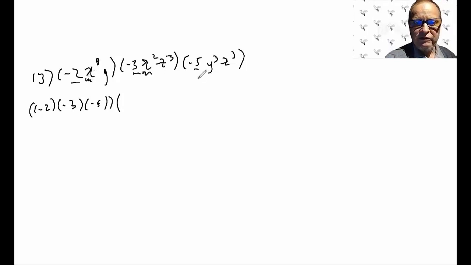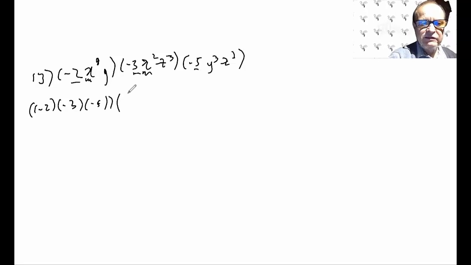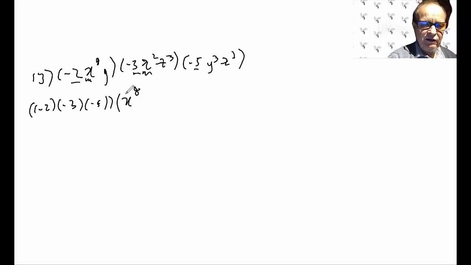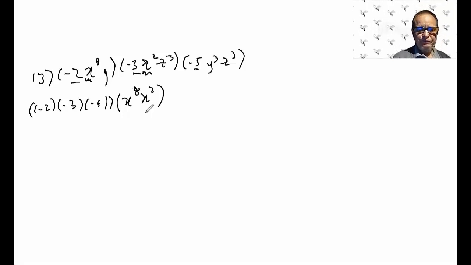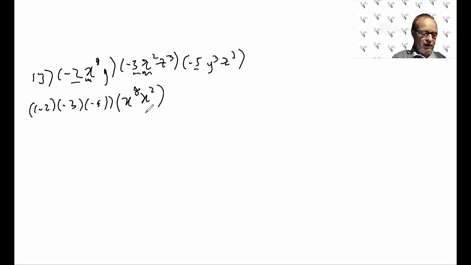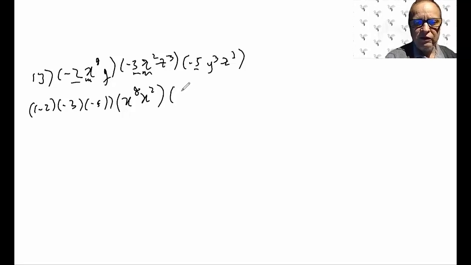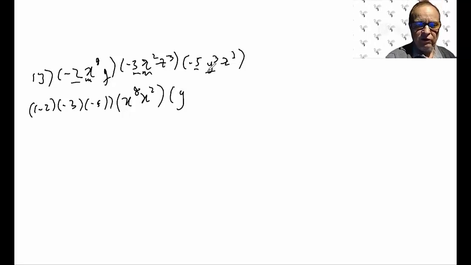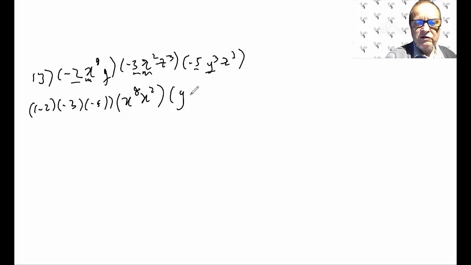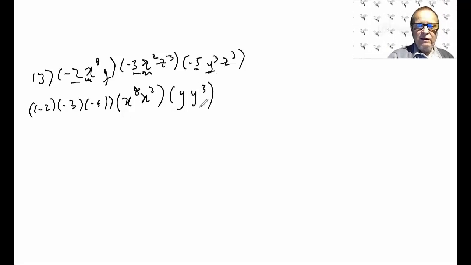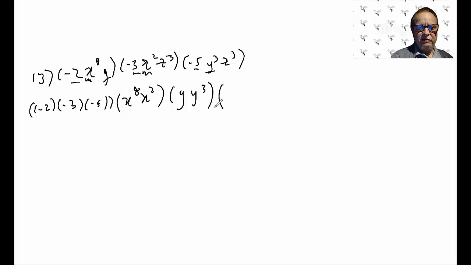And then I'm going to look at all my x's, and I'll put my x's in another bracket. X to the 8th, x squared. And then I will put my y's in still another bracket. 1y here, no y's there, and a y cubed here. So I have y cubed. And then finally, I'll collect up all my z's.